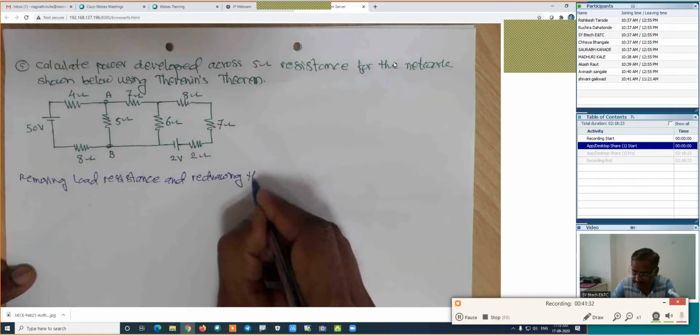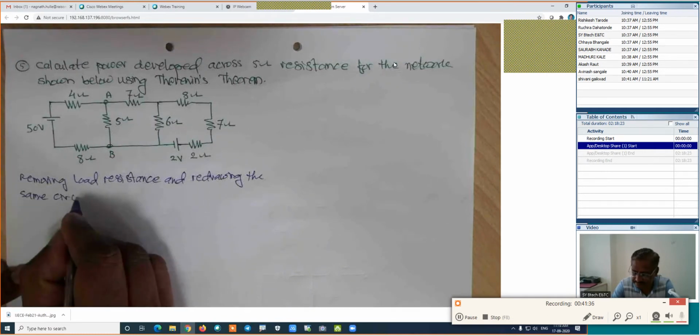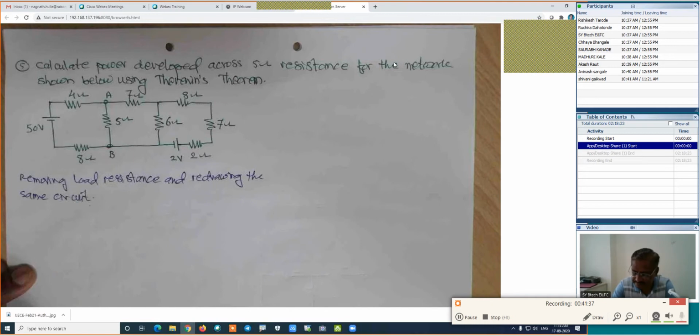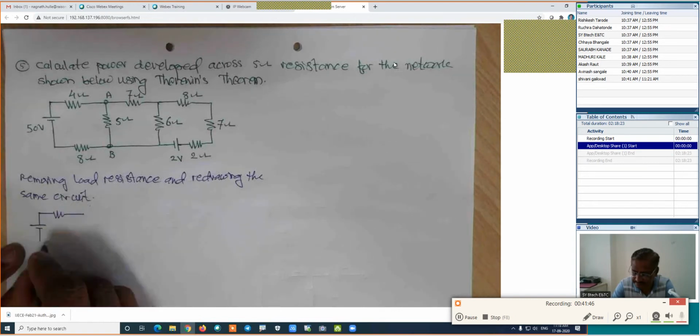Is it right? I will remove this and redraw the same circuit. How will the circuit be? It will be something like this.